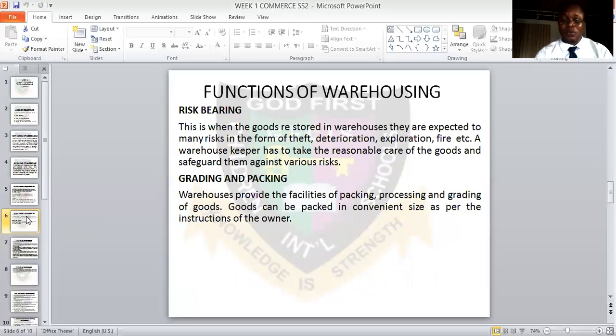This is when the goods are stored in warehouses and they are exposed to many risks. When you store goods in warehouses, they are exposed to many risks as a result of theft and deterioration.